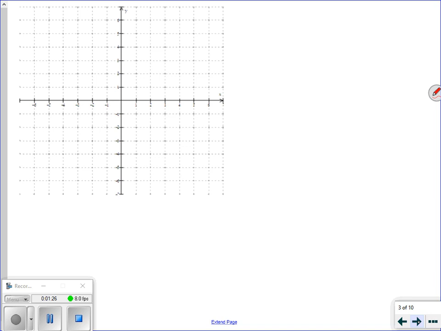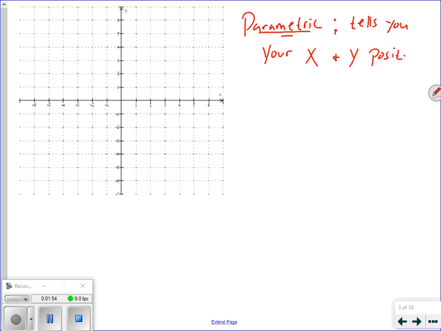What exactly is a parametric? A parametric tells you a position. I'm going to give you kind of the formal definition here. A parametric equation tells you your x and y position at a given parameter.